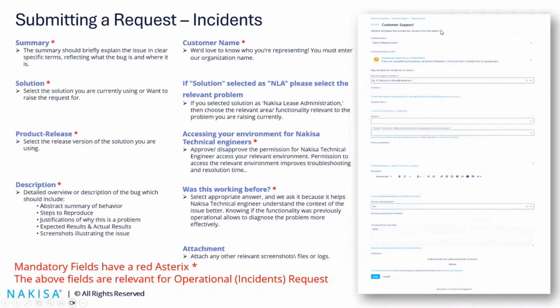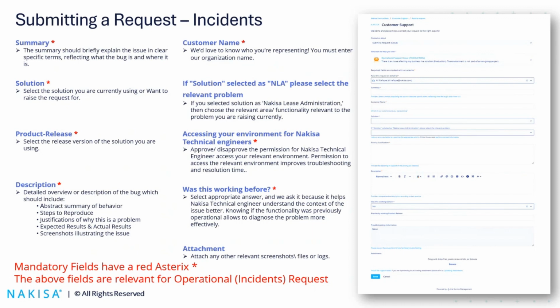So we're going to walk through what are the mandatory fields. And as you are used to, the mandatory fields are marked with the red asterisk. Those are the ones that if you don't fill them in, you won't be able to move on. And we'll go through the details as well.